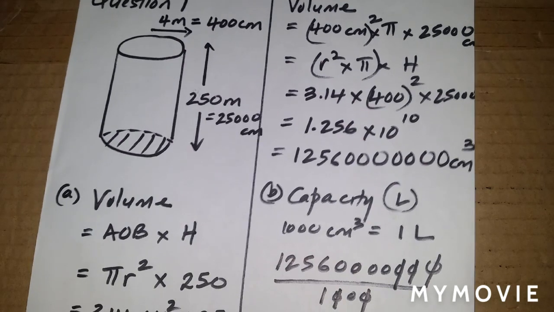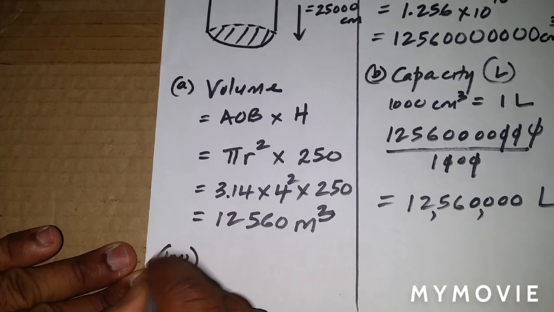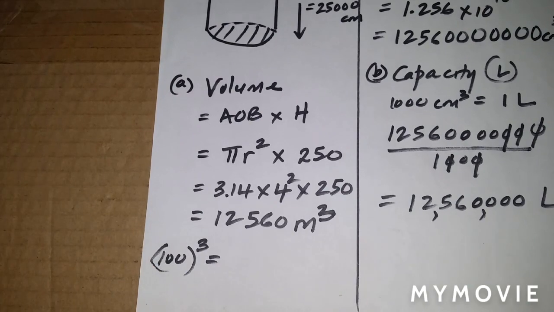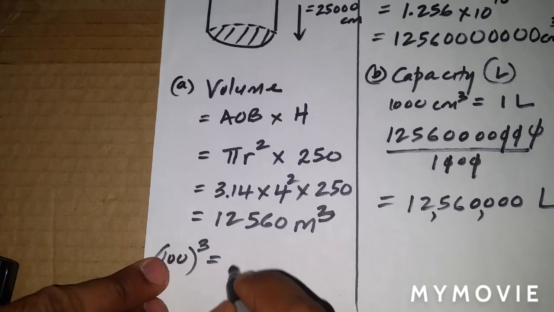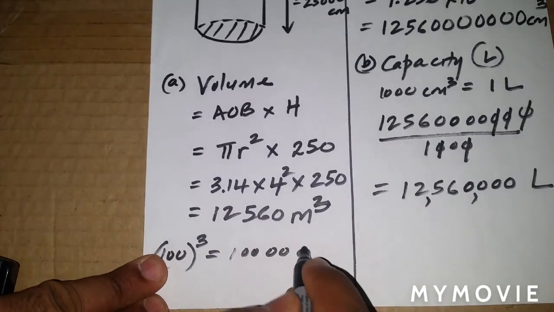And what happened here is that the 100 was actually cubed. So when you cube that, it's 100 times 100 times 100. And that would simply give you a million.